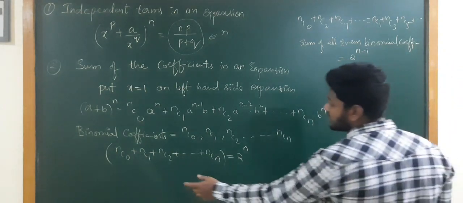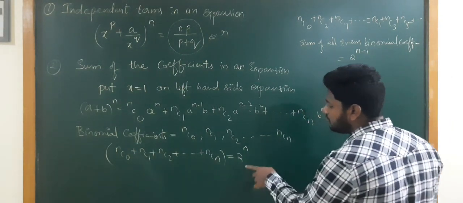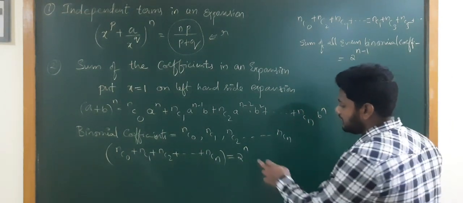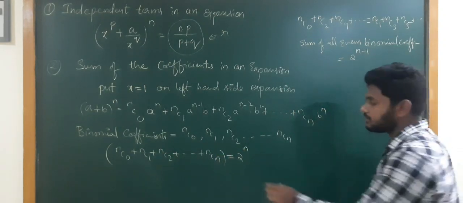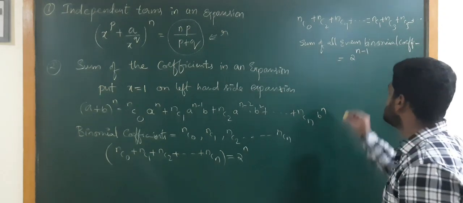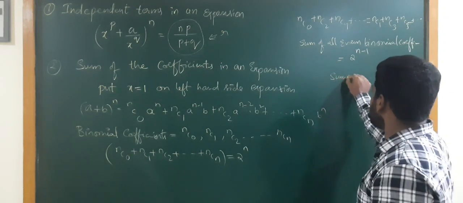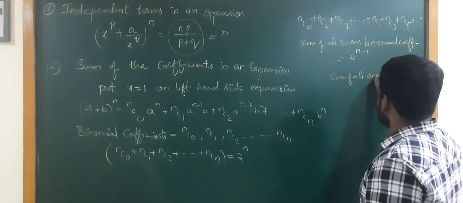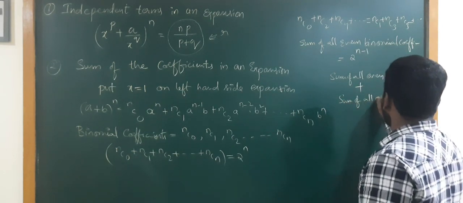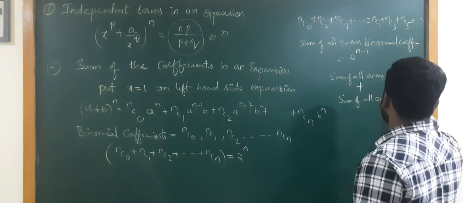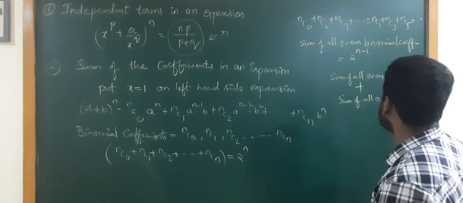We know that the sum of all binomial coefficients is equal to 2 power n, but in this, the sum of even is equal to the sum of odd. So we can consider the sum of all even binomial coefficients plus the sum of all odd binomial coefficients is equal to 2 power n.